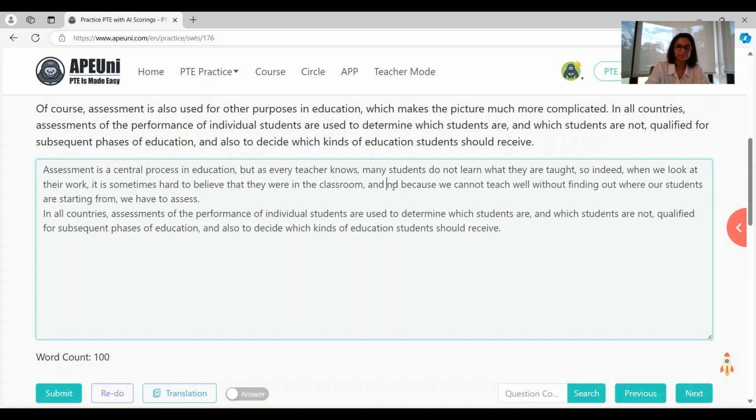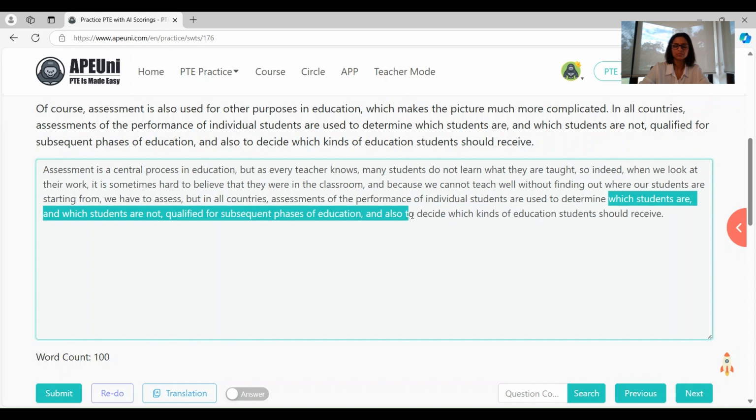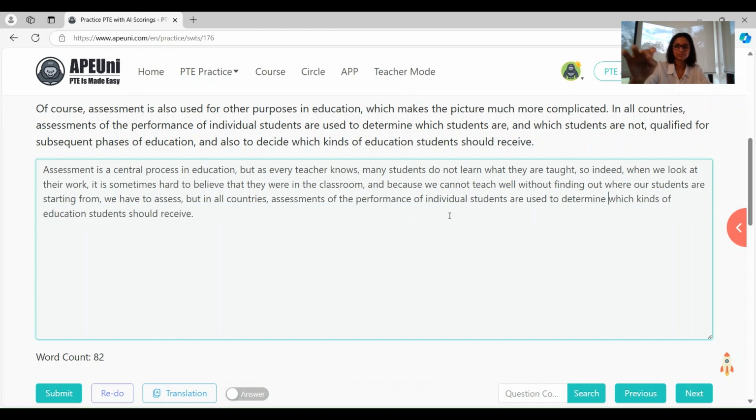And because we cannot teach well without finding out where our students are starting from, we have to assess. But in all countries, assessments of the performance of individual students are used to determine which students are qualified. In all countries, assessments are used to determine which kinds of education students should receive.